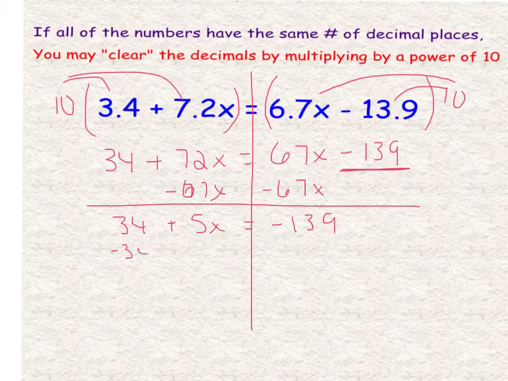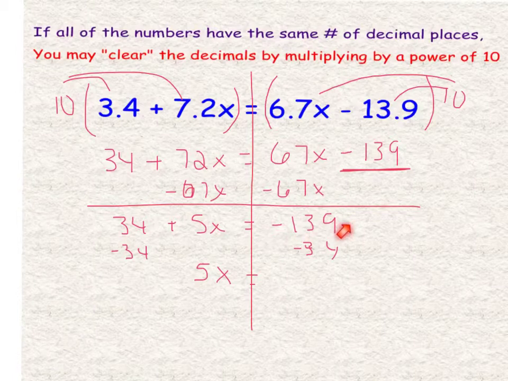Now I'm going to subtract 34 from both sides to get 5x on this side. And don't forget that this was a negative, so you can't just do 139 minus 34. This has a negative, so we're really adding the two numbers together and they're going to be negative.